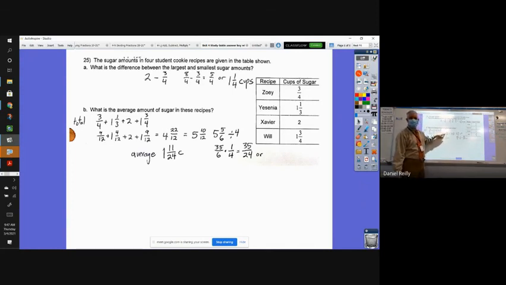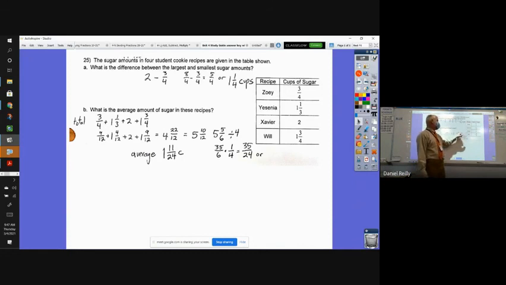Can't have an improper fraction inside of a mixed number. So this you change to 1 and 10/12. So this is the same as 5 and 10/12. 10/12 simplifies to 5/6. That's the total, adding up all the 4 different amounts of sugar.